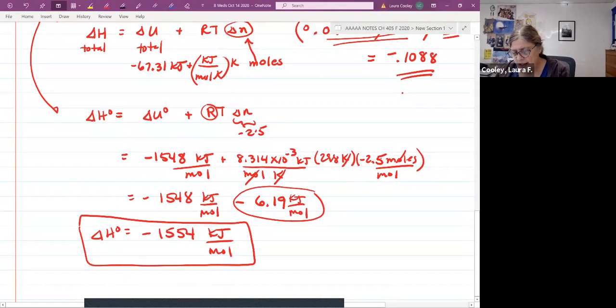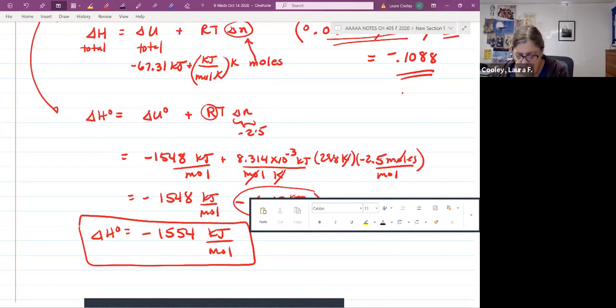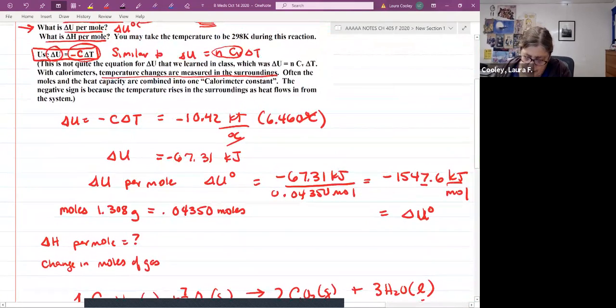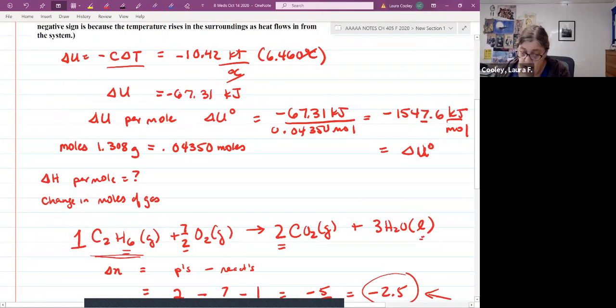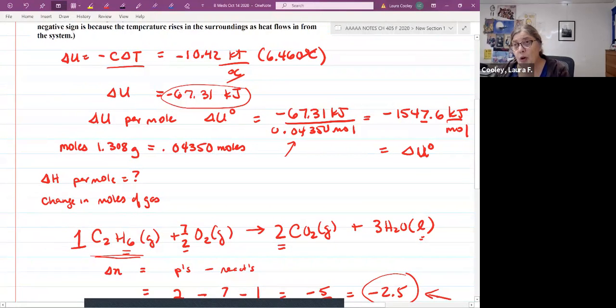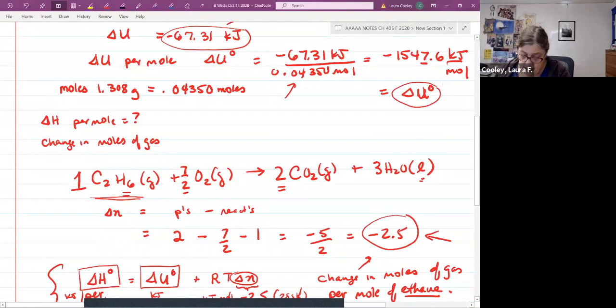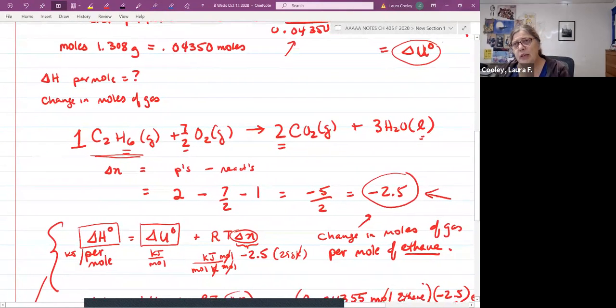So let me go over what I did again. We took the calorimetry constant, multiplied it by the change in temperature. That gave us the delta U, the total delta U. But we divided by the number of moles because we wanted to find the delta U per mole. So this is the delta U0 here after we divided. Then we looked at this reaction.